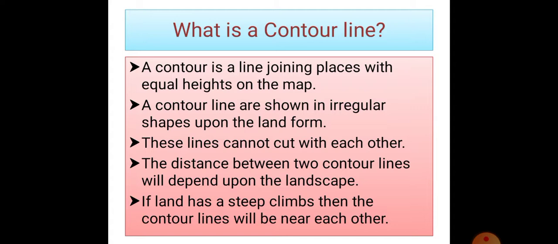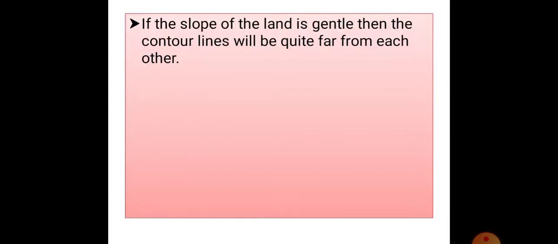The distance between two contour lines will depend on the landscape. Let's say the landscape is hilly, so there will be a distance, right? The gaps between the contour lines will depend upon the landscape. If the land has steep climbs, then the contour lines will be near to each other.